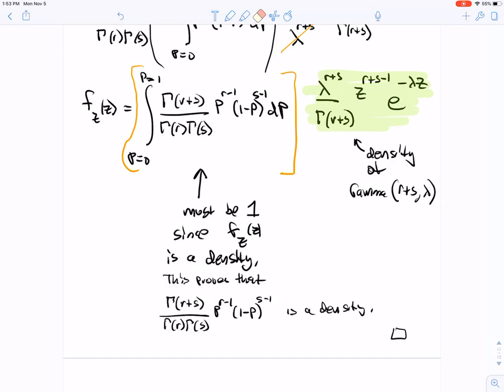So that proves that what we gave as a density for beta in fact does integrate to 1.